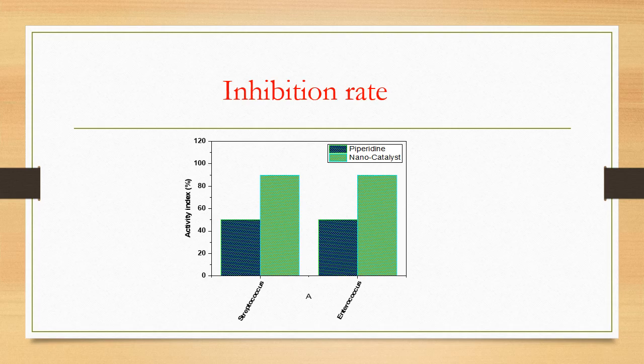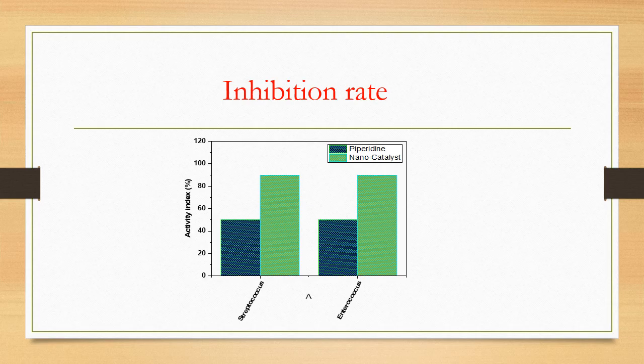We found that the one applied to Streptococcus bacteria gave a 50% inhibition rate for the piperidine compound, and the one made by nanocatalysis gave 90%, which is double the inhibition rate of the piperidine compound.